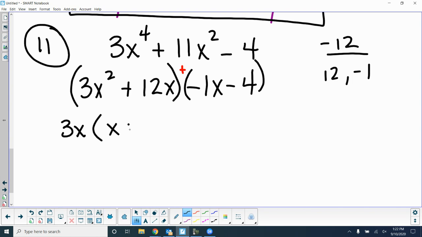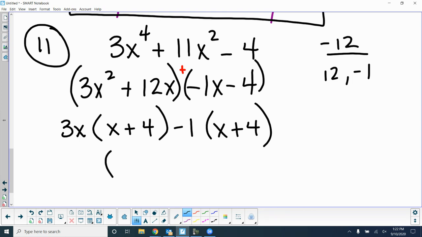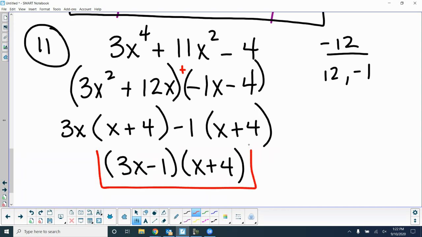X plus 4. Good. What comes out of the second group? Just negative 1. Right. What do you get? X plus 4. All right. Tasha, what's my answer? Good. Guys are getting this? Any questions?